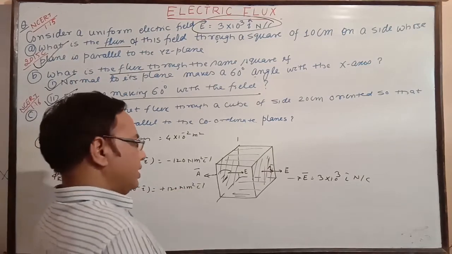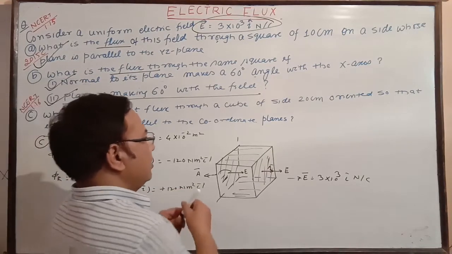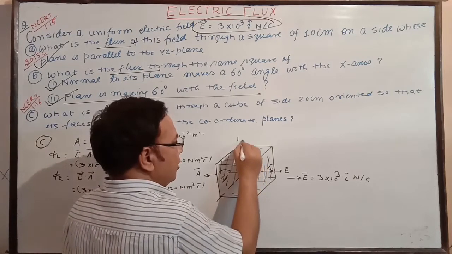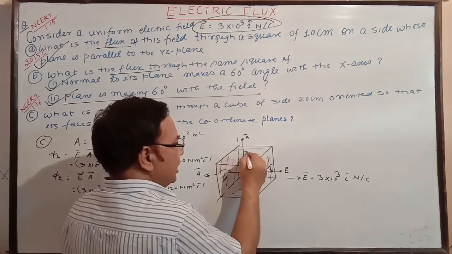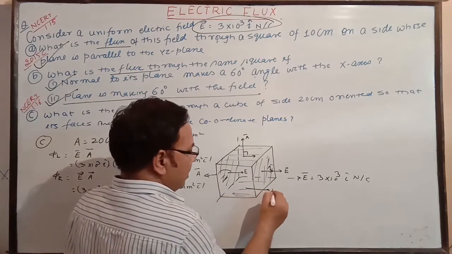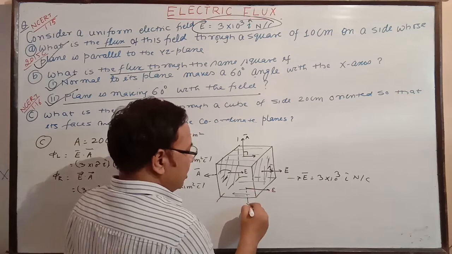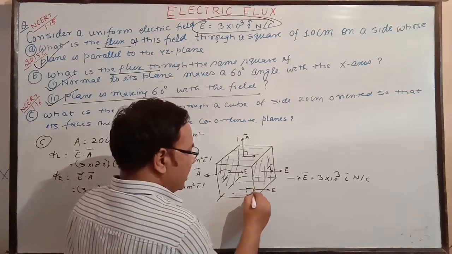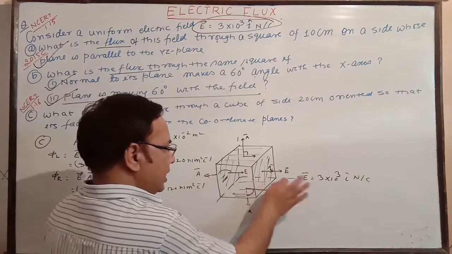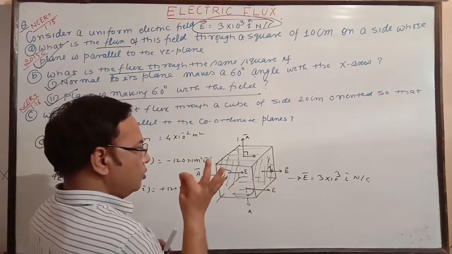For the rest of the faces, for the up face, electric field rightward, area upward, so 90 degree. For the bottom face, electric field rightward, area downward, once again 90 or minus 90 doesn't matter. For front, field is rightward, area vector is towards you.